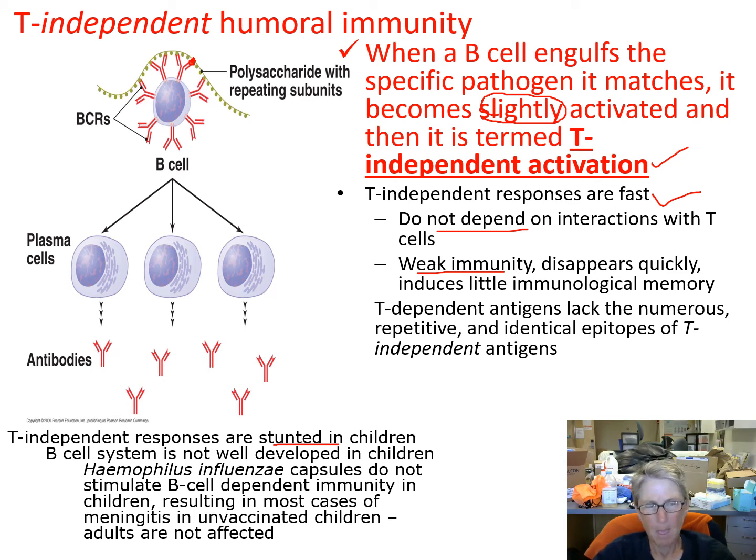And then it tells you Haemophilus influenzae capsules, so around that bacteria, do not stimulate B cell dependent immunity in children, and that results in most cases of meningitis in unvaccinated children, but not in adults.